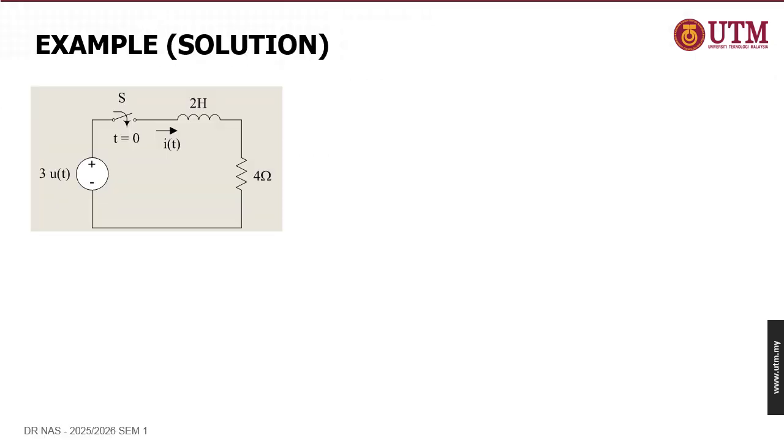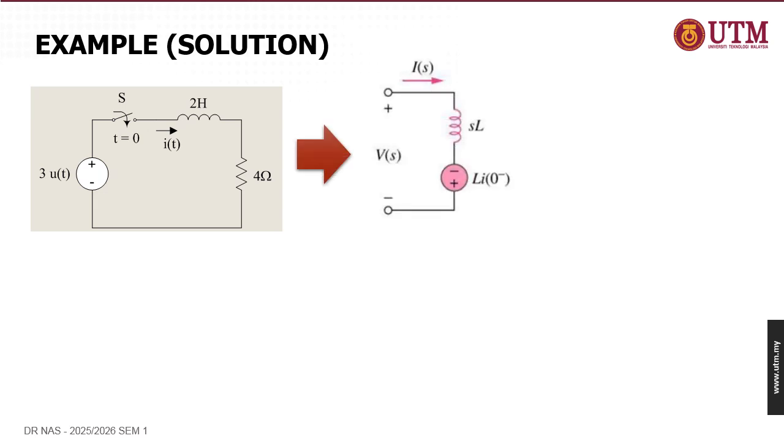In order to find i(t) using Laplace transform analysis, first we need to convert the given circuit into S-domain function. So we can use this one. In this case, L will become SL, and L equals 2, so it becomes 2S.